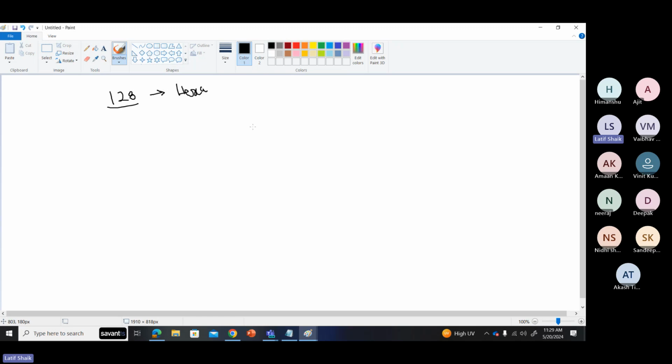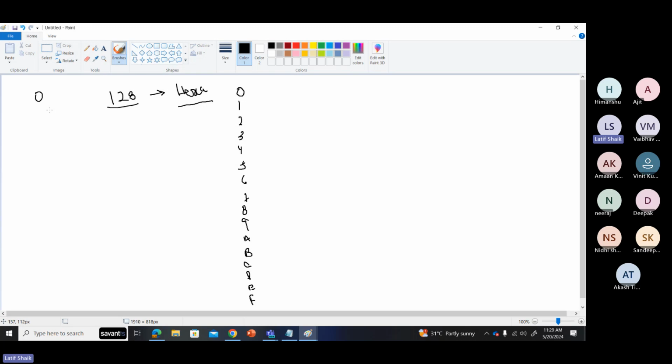I cannot type 128 binary bits here, but we can do it with a reverse calculation. Hexa means 0, 1, 2, 3, 4, 5, 6, 7, 8, 9, A, B, C, D, E, F. These are the hexadecimal numbers.